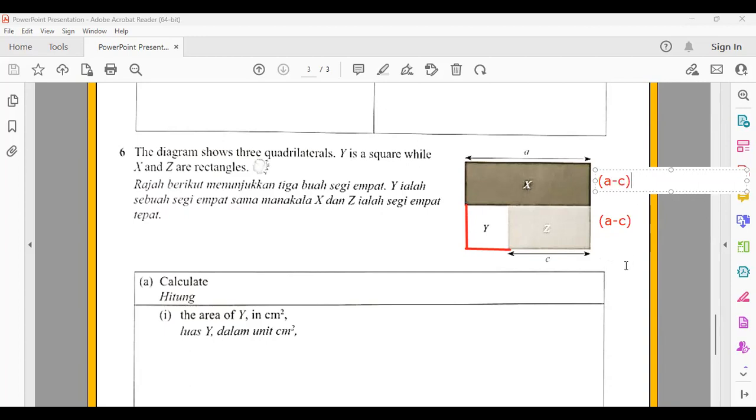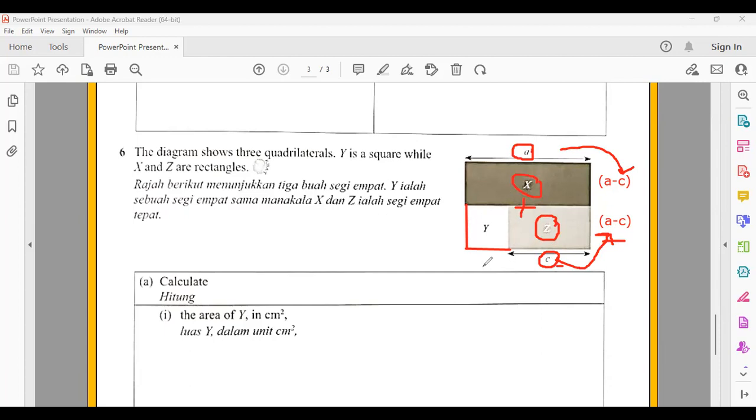Can you see that? So how are you going to find the area for Z, for X? Take A multiplied with A minus C. How do you find the area for Z? Take C multiplied with A minus C. How do you find a combined area for both? Take this times this plus A minus C times C. Do you understand?